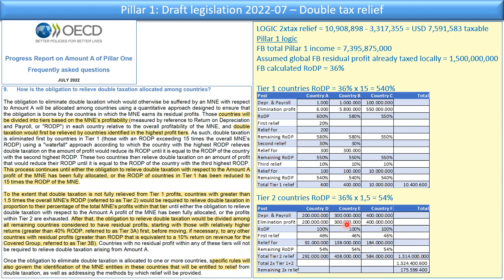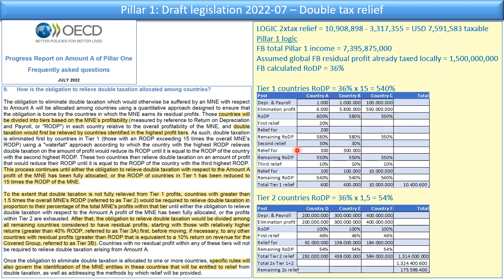But now the question is, what happens to countries A, B, and C? Do they now also become tier 2 countries, and do we now reduce the double tax relief that they give, or increase that even further, going down from 550% to 54% as well? So should tier 1 then also give another 500% of the 1,000?